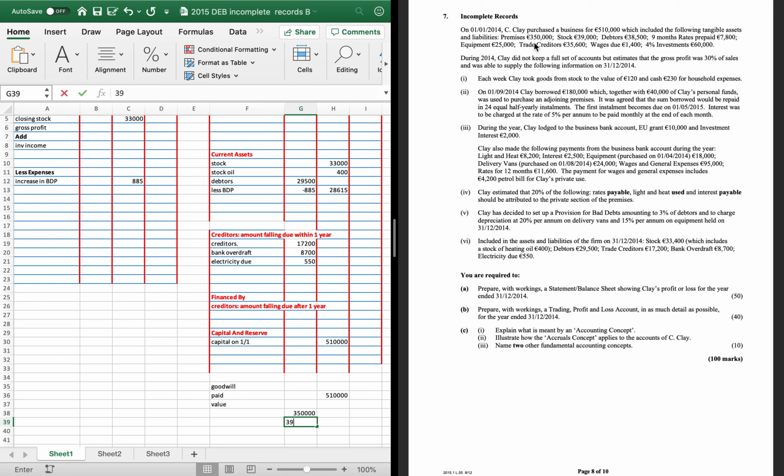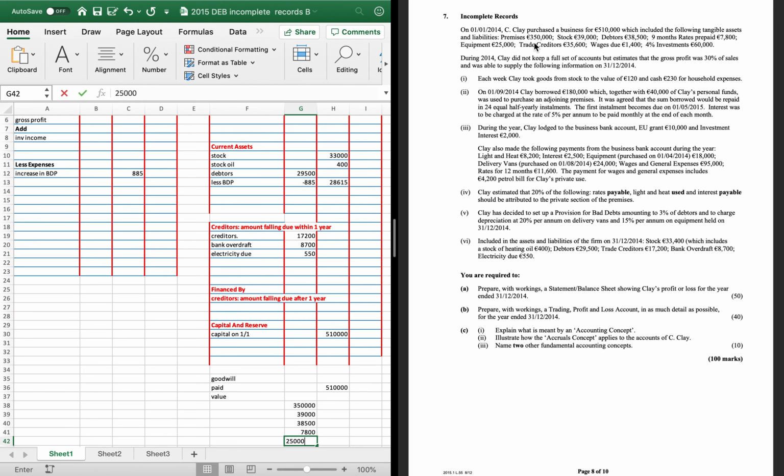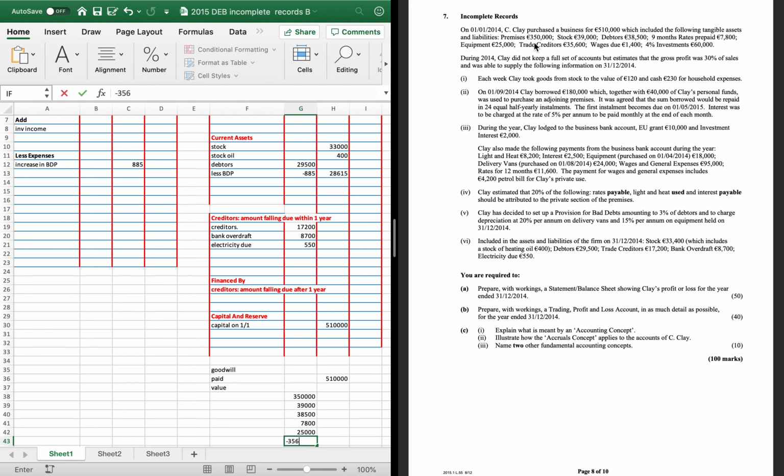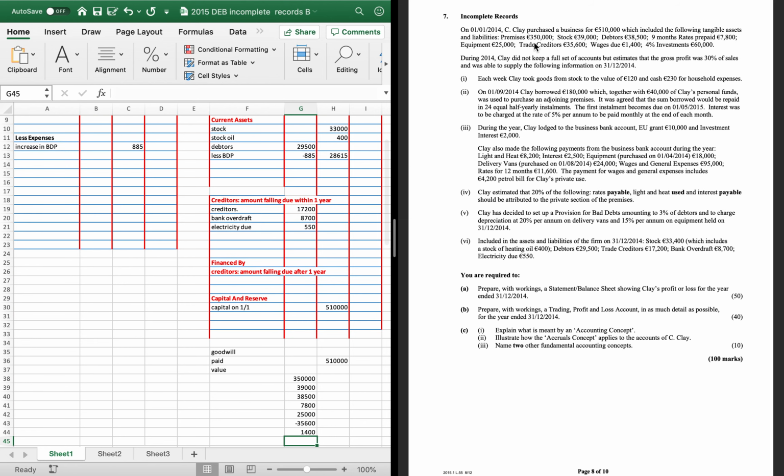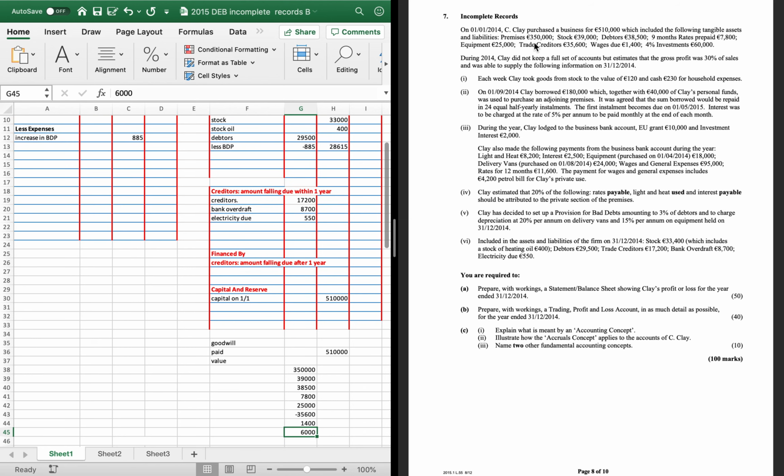We've got stock of 39,000, which is an asset, and we've debtors of 38.5, which is an asset. Rates prepaid is an asset. Equipment is an asset. A creditor is a liability. Wages due is a liability. And 4% investments are an asset. So that should be minus 1,400. Same mistakes I made in one of the previous questions.